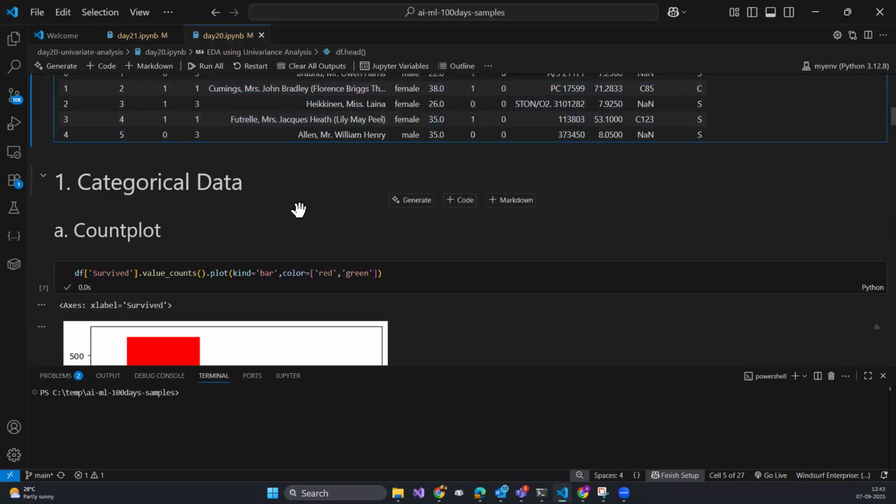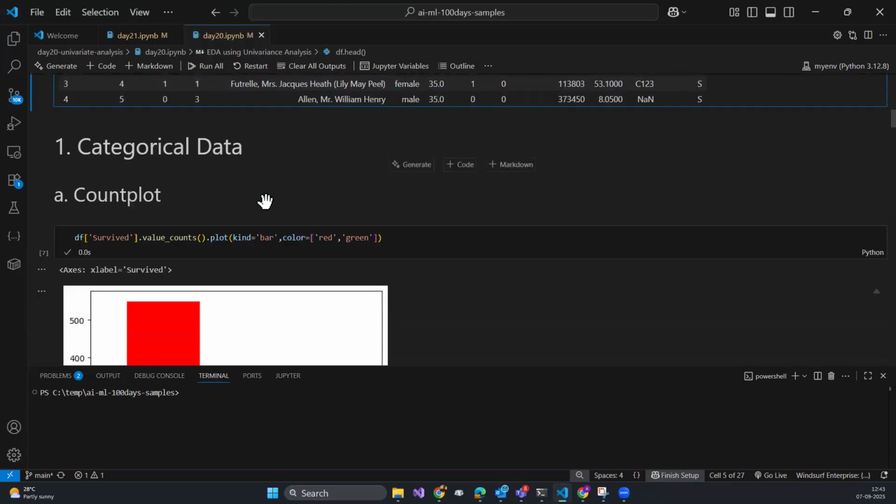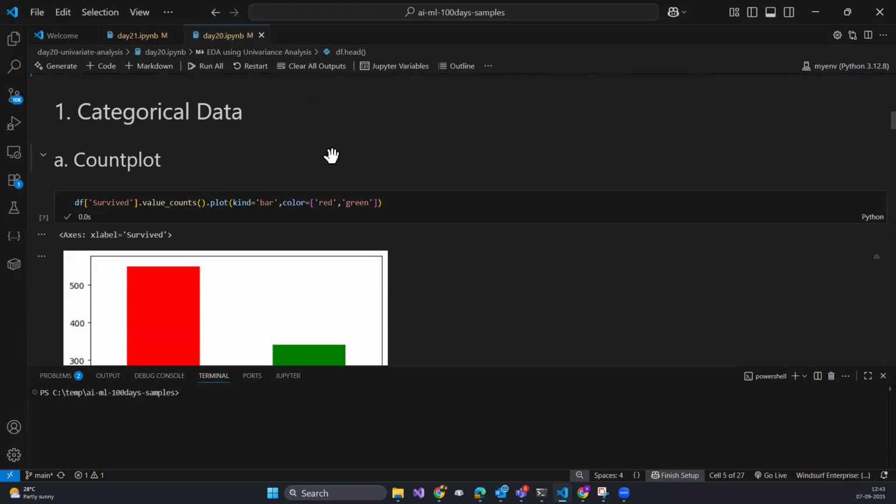So in this dataset, we will have categorical data and numerical data as well. Most of the visualization we will be doing on both categorical and numerical data.